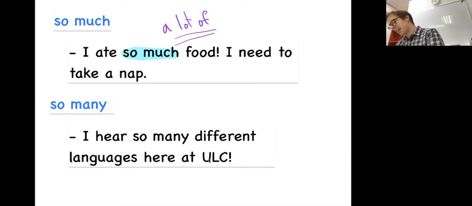if I have so many, here I'm talking about the school where I work. The school where I work, we have students from China, Japan, Korea, Italy, France, Brazil, Spain, Russia. There are so many different students who learn English at our English school in Singapore.